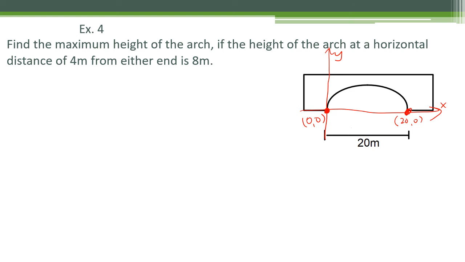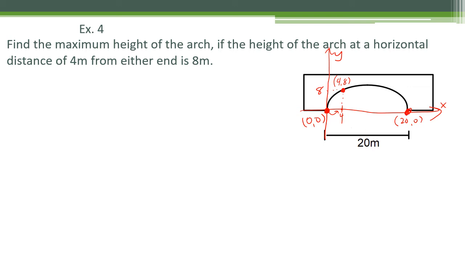Some other information they gave us in the question: 4 meters from either end is 8 meters. So the height is 8 meters at 4 meters in. So if I go 4 meters in this way, so let's say that's 4, then where I hit my arch is 8. So there's a coordinate, 4, 8.